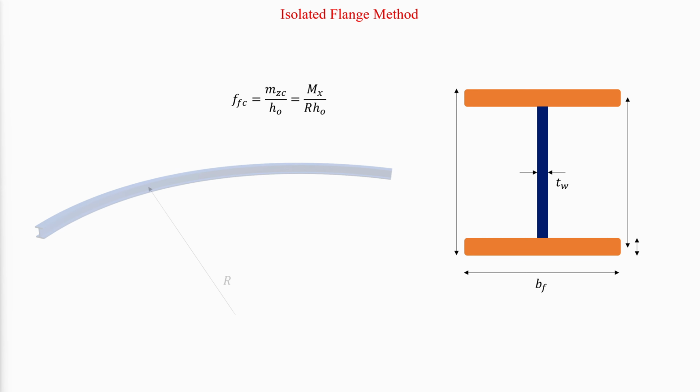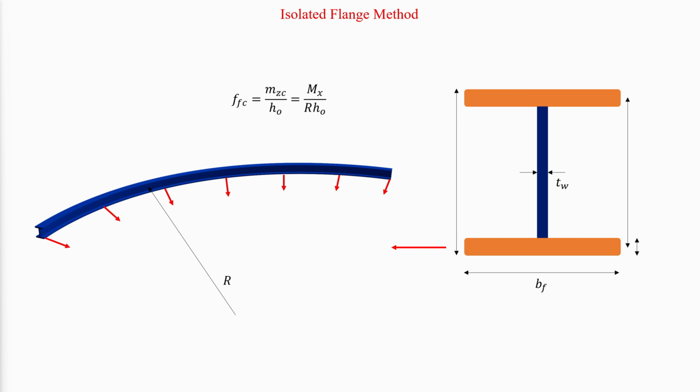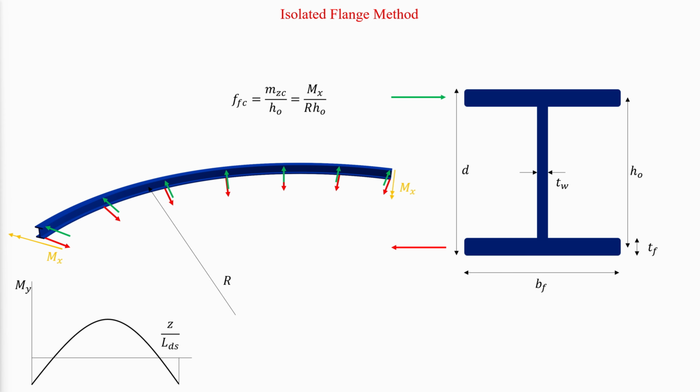The radial force is applied toward the center of curvature at the tension flange and away from the center of curvature at the compression flange as shown. For the simple loading case with a uniform moment over the unbraced length, the bending moment caused by the radial forces for a laterally braced horizontally curved beam against warping looks like this.